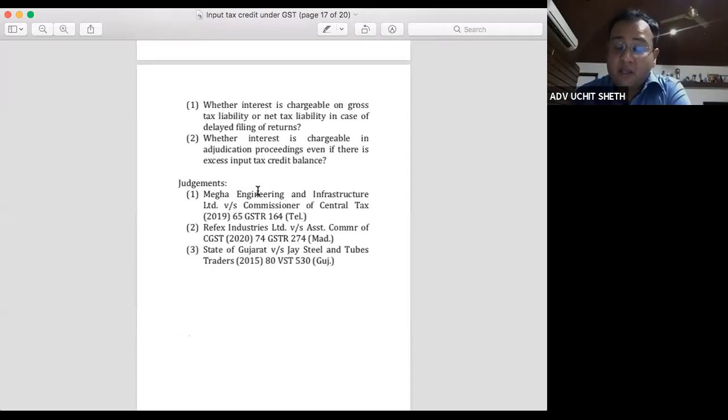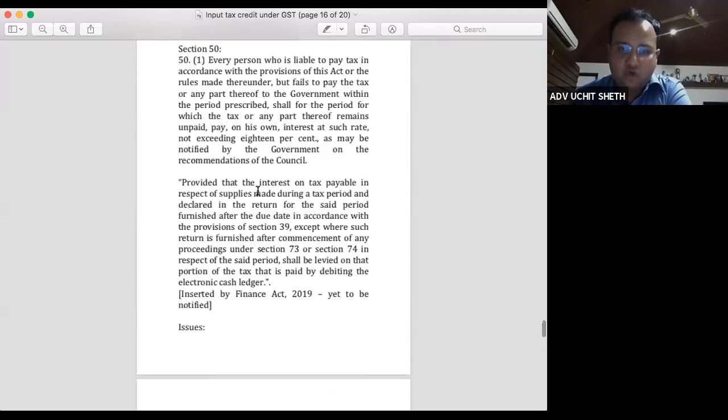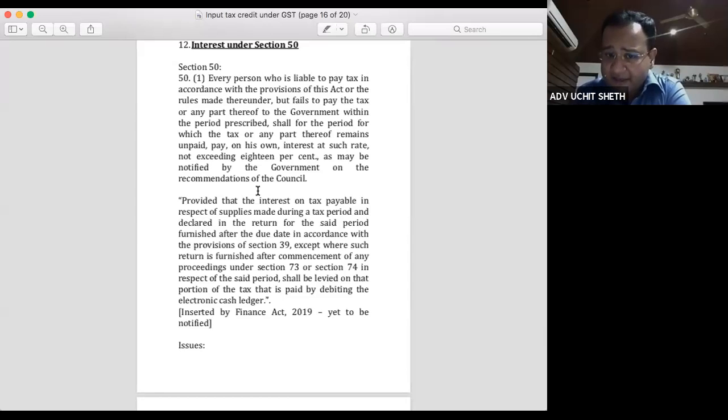Secondly, it is important to note that the proviso which is sought to be introduced carves out an exception for proceedings under 73 and 74. So even if such a proviso is introduced, the question will remain: suppose in adjudication I am held liable for more tax, and I have input tax credit balance available to meet that tax liability.